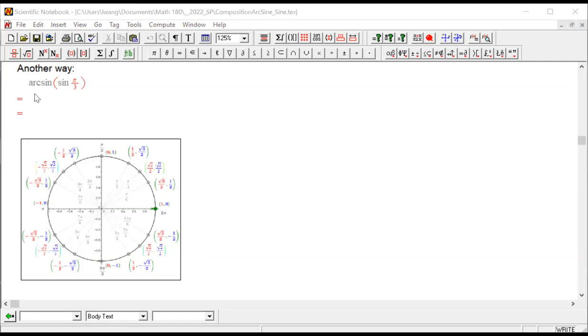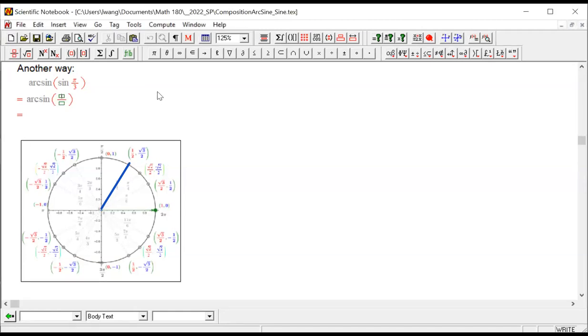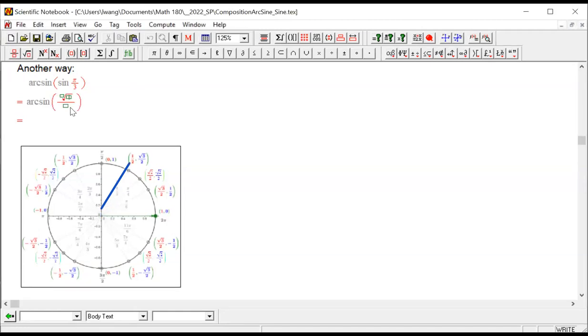When we do it from inside out, we're going to have an arc sine waiting outside, and sine pi over 3. We know how pi over 3 is measured from standard position, and it terminates right there. We take the blue number, which is √3 over 2.